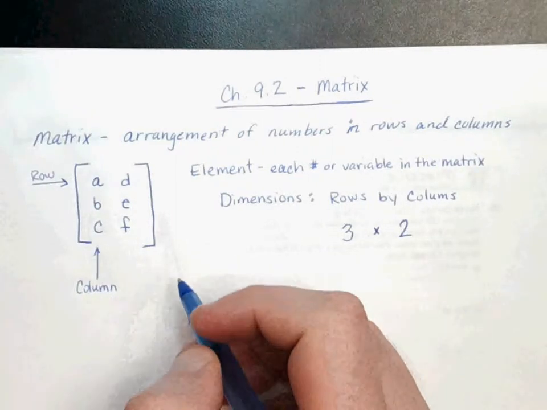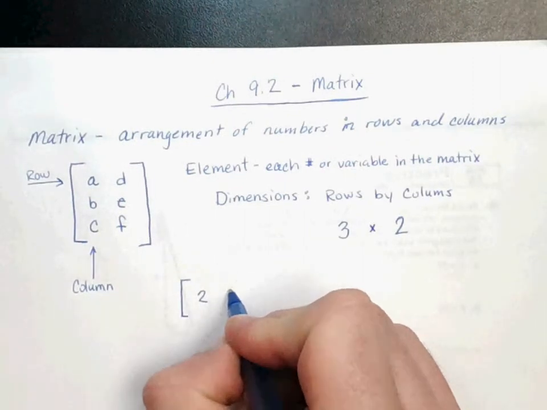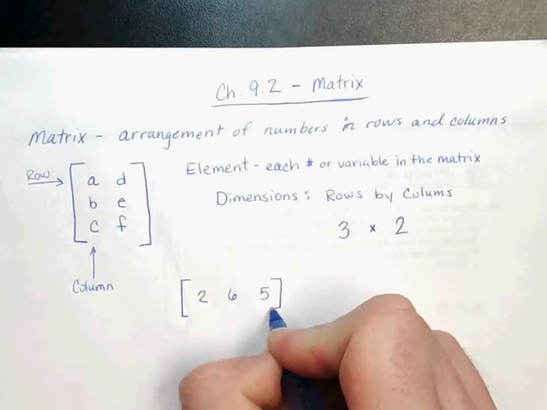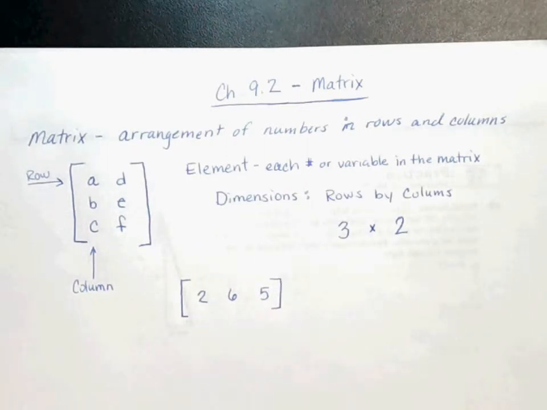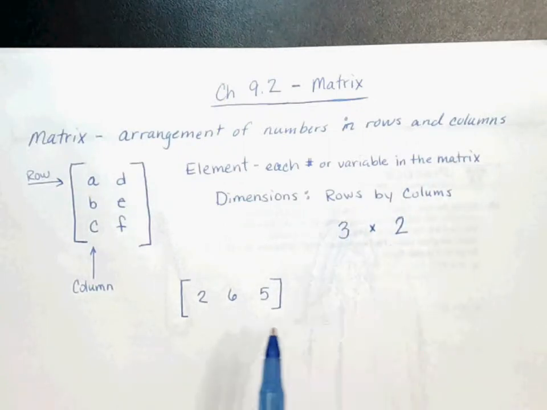Let's look at another matrix. We've got this matrix: 2, 6, 5. And we want to find the dimensions. The first thing we look for is how many rows we have. Remember, rows go horizontal.